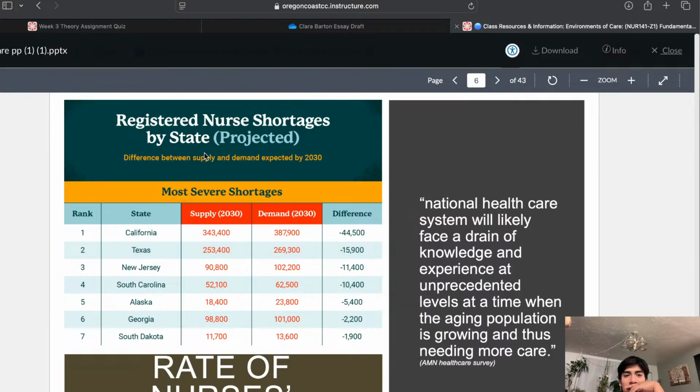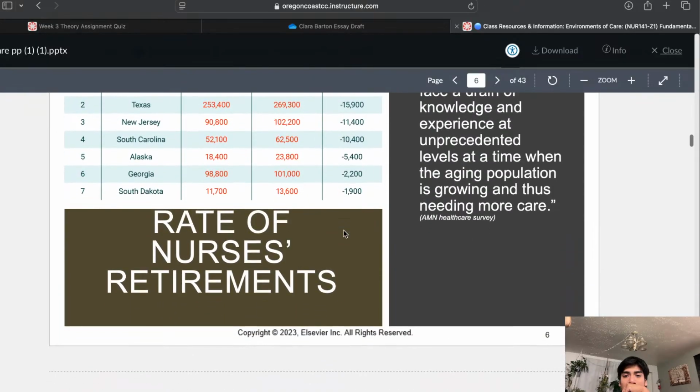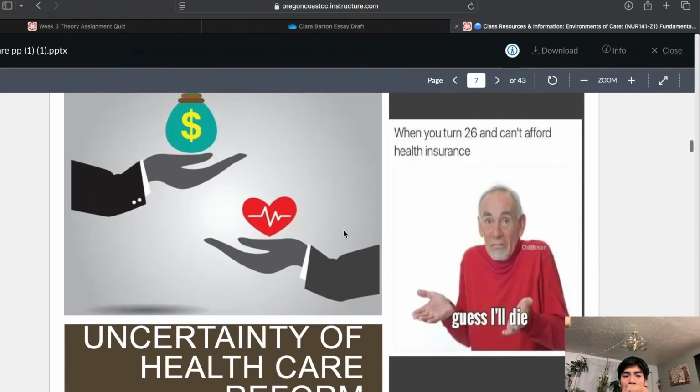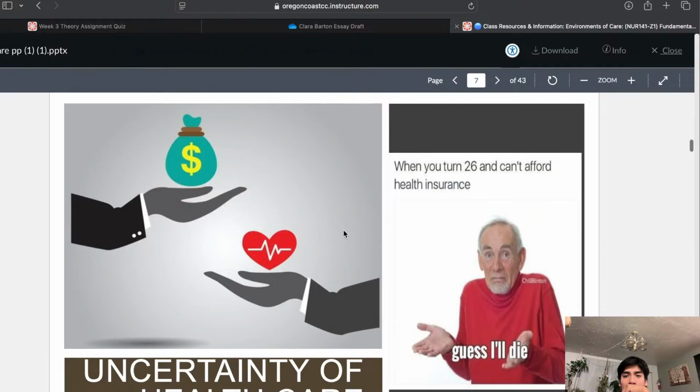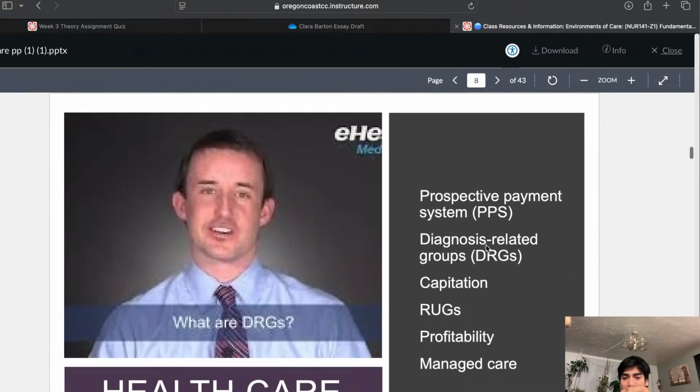Let's look at California for nurse. There is a demand, the difference here is 50,000 people. When you turn 26 and can't afford healthcare insurance, guess I'll die. Right.